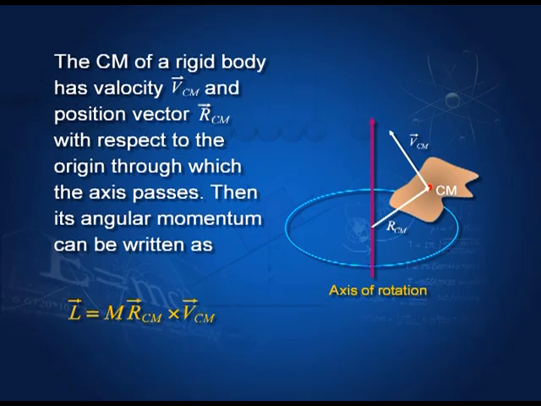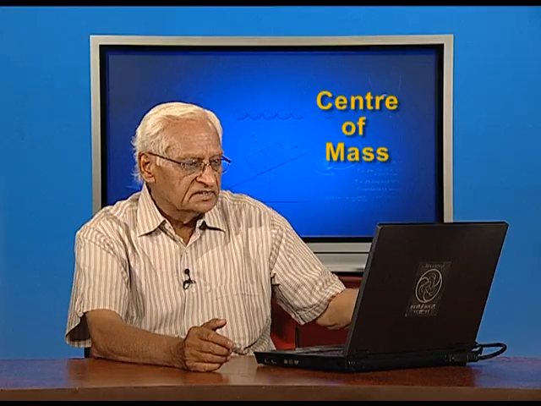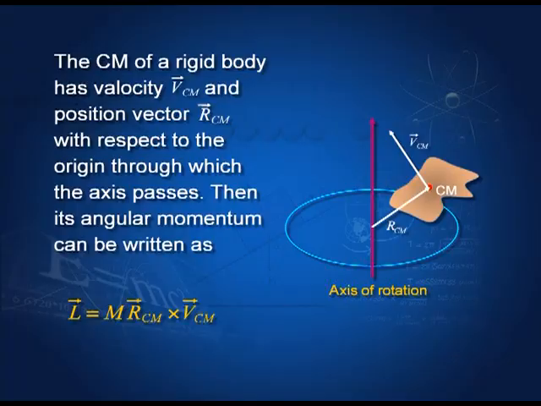Let us take a rigid body again. This time its center of mass is moving in this direction, and with respect to a certain axis of rotation, the position vector of the center of mass is R_cm. And then one can write its angular momentum as m R_cm cross v_cm, because these are vectors, therefore we have to take the cross product.